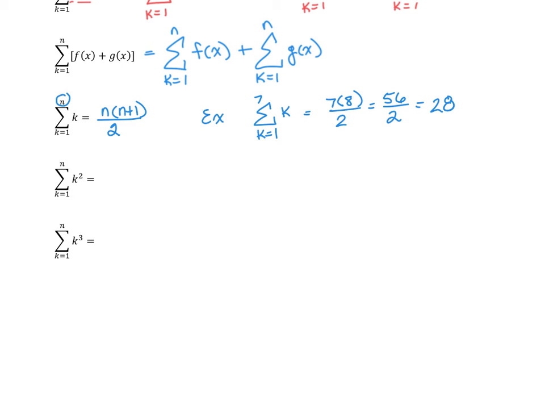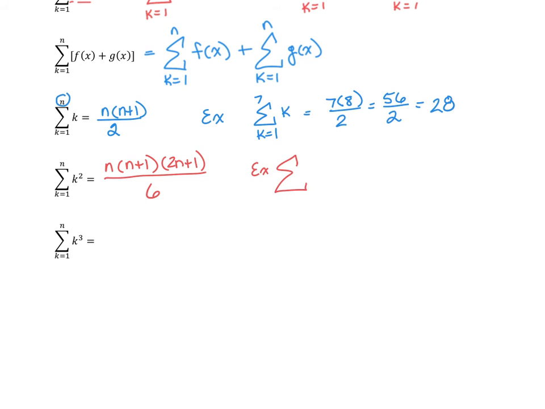The next one is the sum of the k squares, and the sum of the k squares is n times n plus 1 times 2n plus 1, all divided by 6.